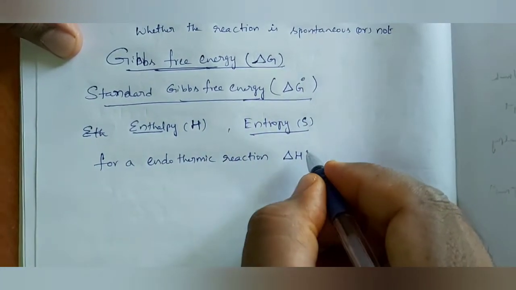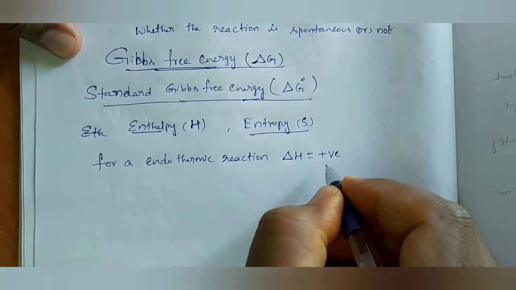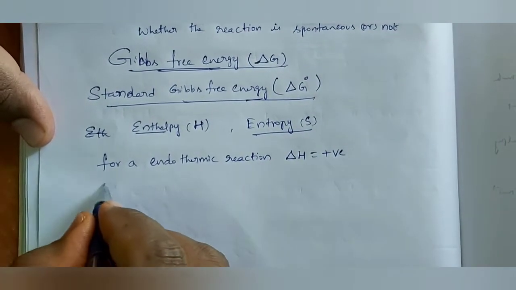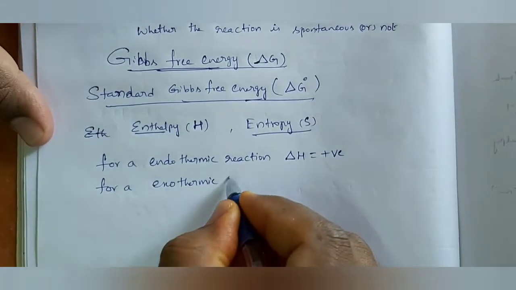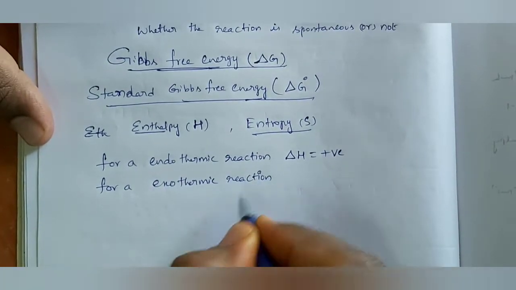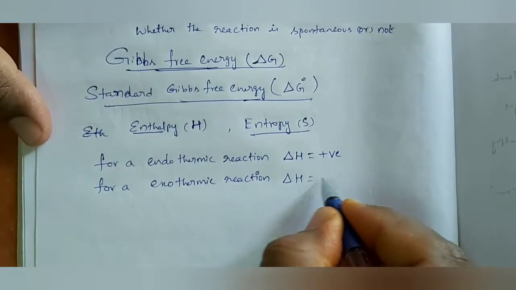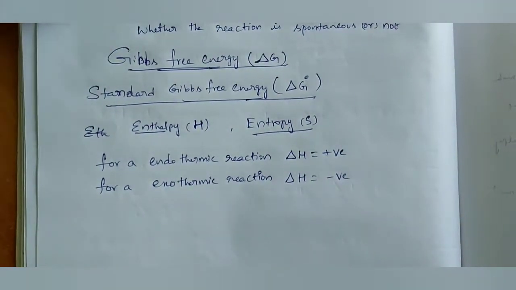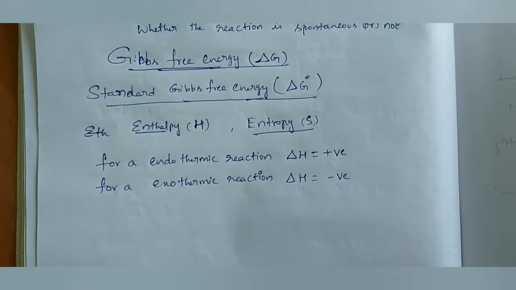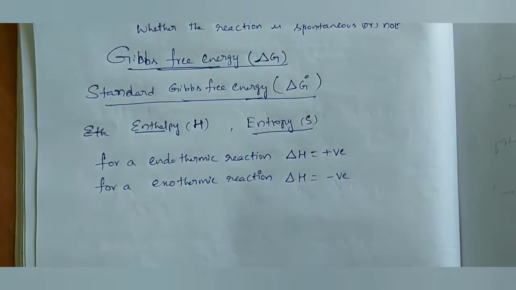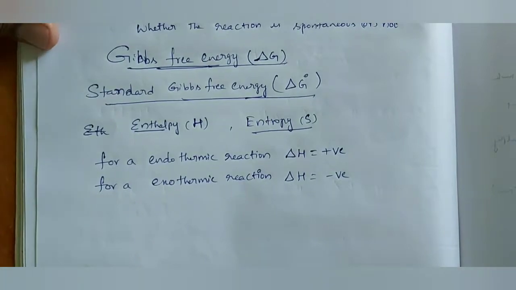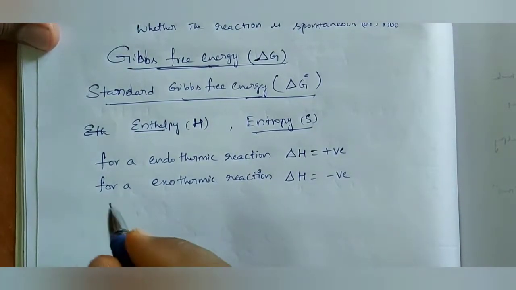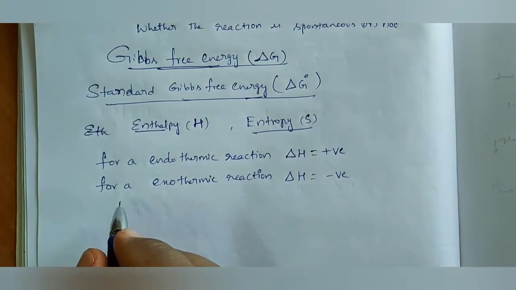For an endothermic reaction, delta H is positive. That means the change in enthalpy is positive. For an exothermic reaction, delta H is negative. I hope you are clear about enthalpy. Now, out of these two reactions, endothermic and exothermic, in general terms which reaction happens easily?